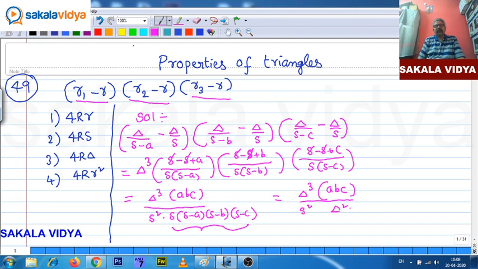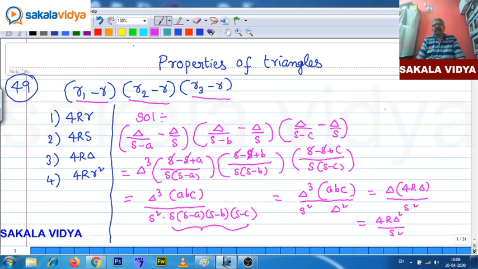So delta cube by delta square is delta, ABC is 4R delta, upon S square. This we can write 4R delta square by S square.